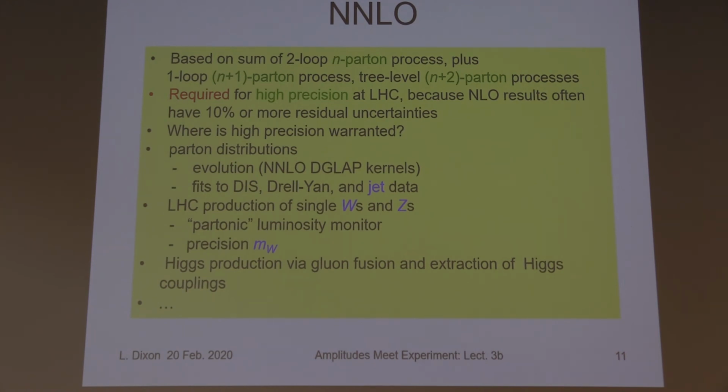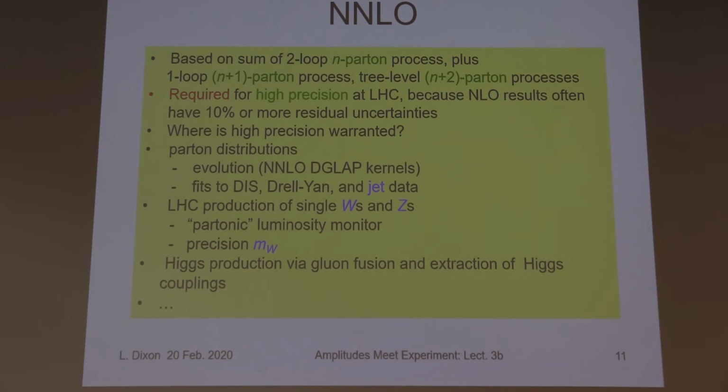In fact, a lot of the NNLO progress for 2 goes to 2 was made possible by understanding these Goncharov polylogarithms, because they come into the matrix elements for things like gluon gluon goes to, or q q-bar goes to WW, and those results have led to much more accurate cross sections.